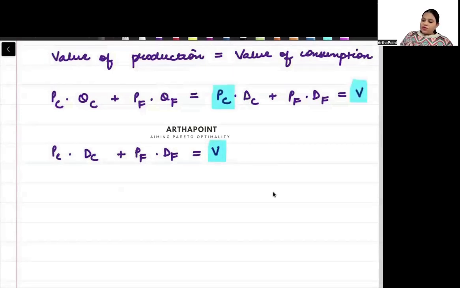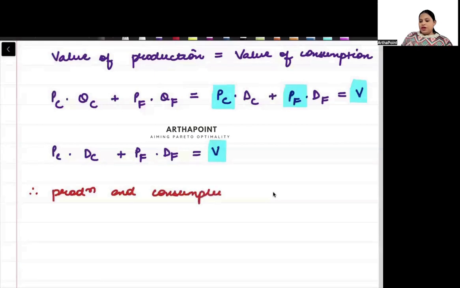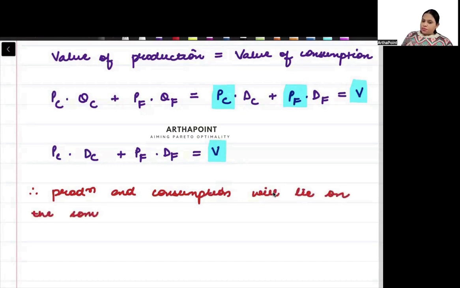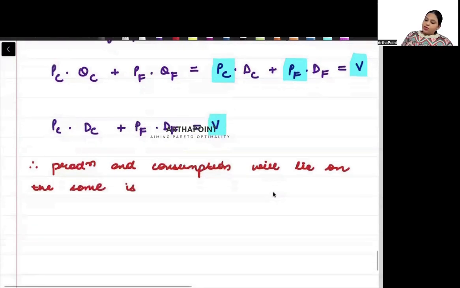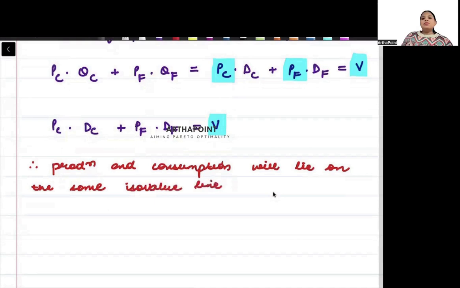Both are taking care of the same prices. It means that my production and consumption will lie on the same ISO value line. It can be something like this.